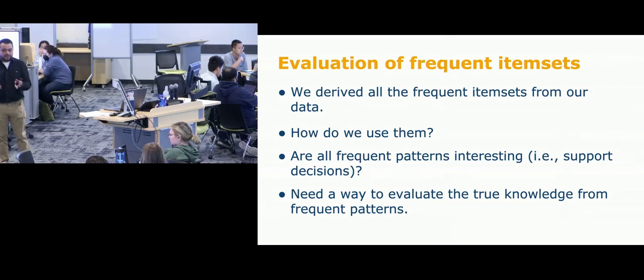But even that knowledge is, of course, more refined than the raw database, but still it needs more refinement. It might not be all the information that we need to make business decisions in the data mining division of a company. Just recall what we studied in lecture 1, that data mining is a process of knowledge extraction. So we extracted some knowledge, but there's still a way to go to use this knowledge to make decisions.